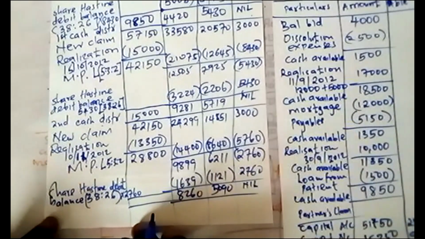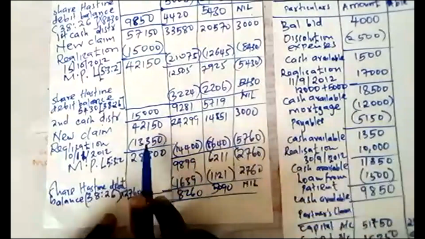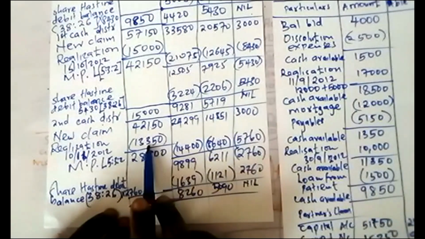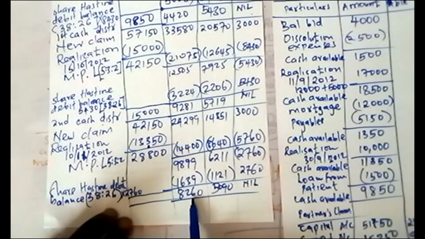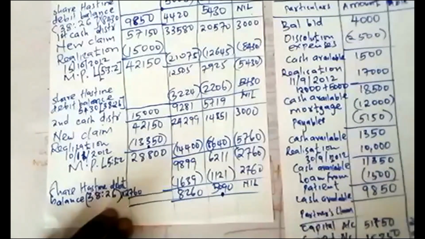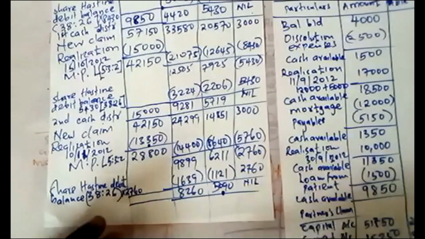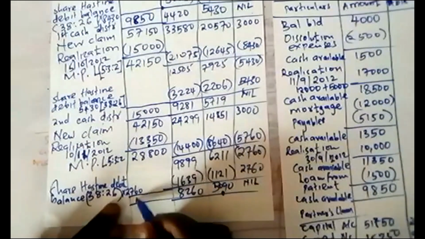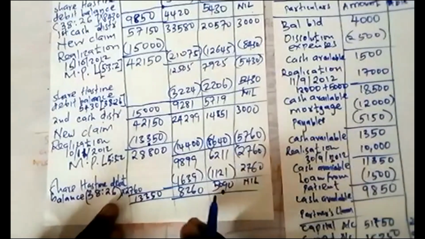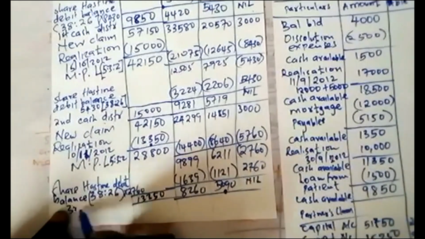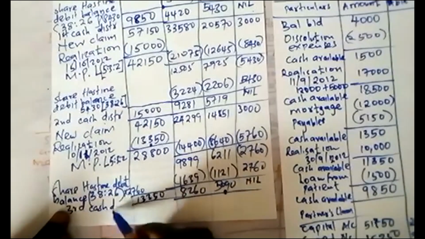If you add the two, remember that out of 13,350, Able has received 8,260 and Patient has received 5,090. Hastings never received anything because he was insolvent. So you are supposed to get 13,350, because that was the amount which was available. So you call it the third cash distribution.